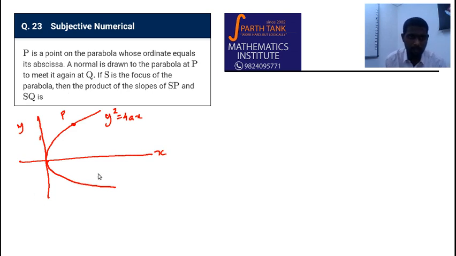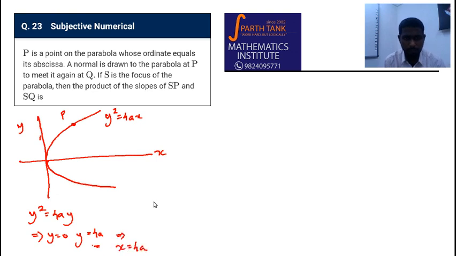So y squared is 4ay. This would give me y is either 0 or y is 4a. We'll take the non-trivial value 4a. If y is 4a, I substitute that here, I get x is also equal to 4a. So this point is 4a, 4a.